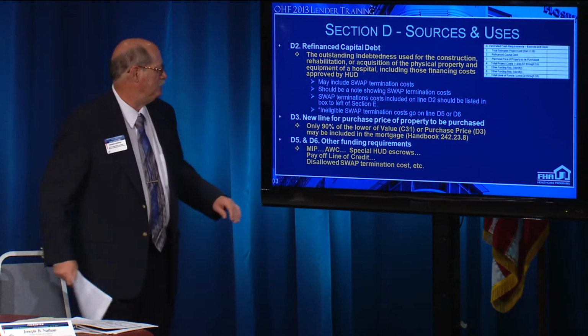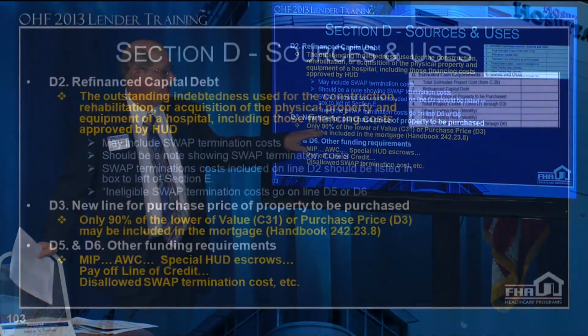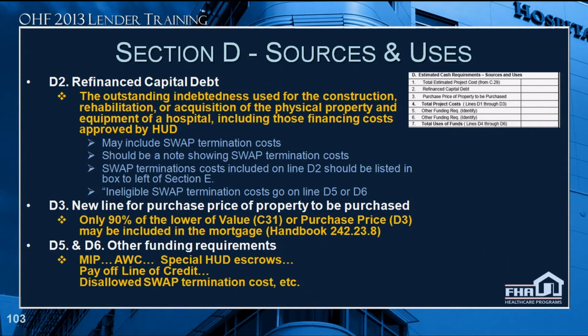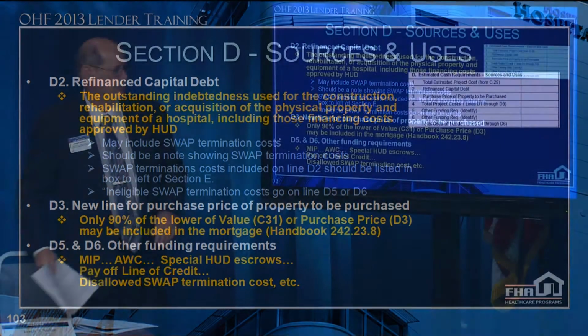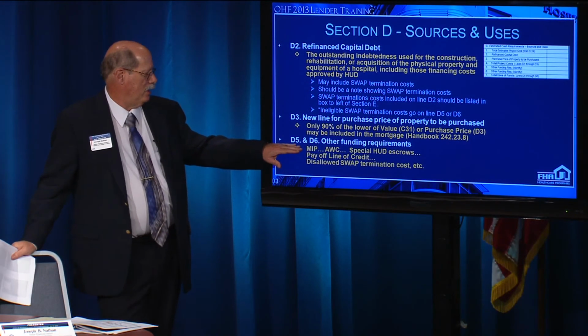And what happens is the reg says only 90% of the lower of the value or the purchase price may be included. So basically what's going to happen is the 2264, when I go through with my automated test, it's going to do a comparison between the value and the purchase price, and then say which one's the lower, and then it's going to say 90% of that. That's all that can be included in the mortgage in here.